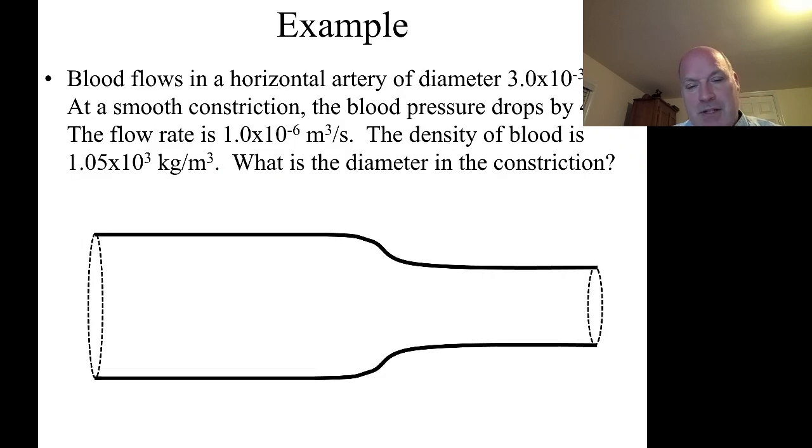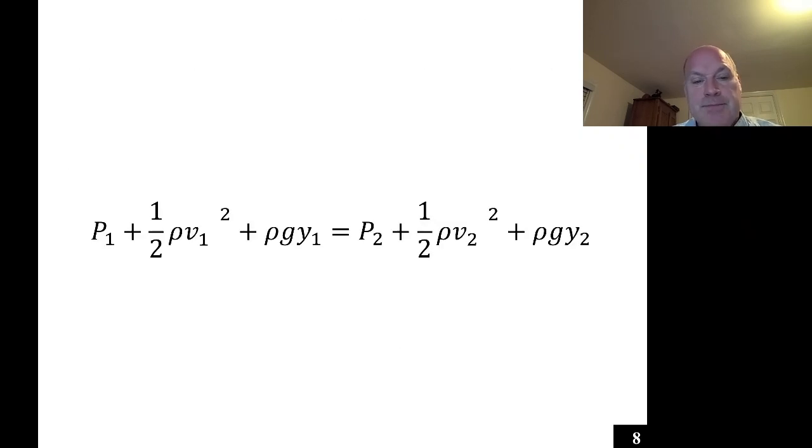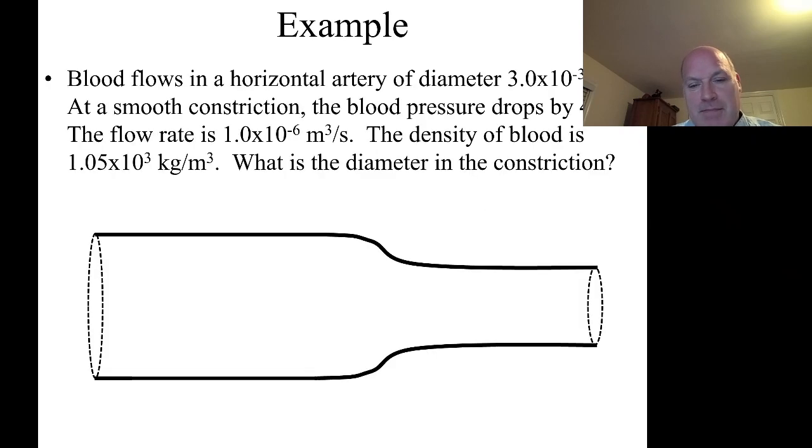So remember, we did this problem, and this is in the notes. You've got a constriction. There's no viscosity given in the problem. We know that this has to be a Bernoulli equation problem. The continuity equation says area 1 times velocity 1 is equal to area 2 times velocity 2.